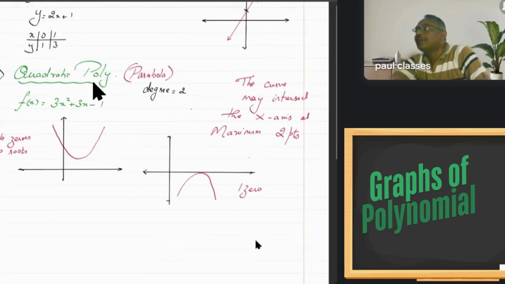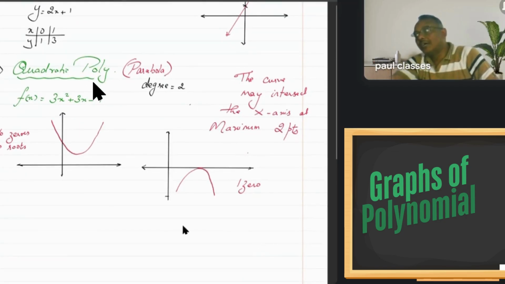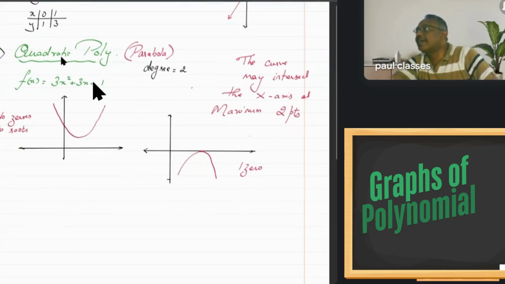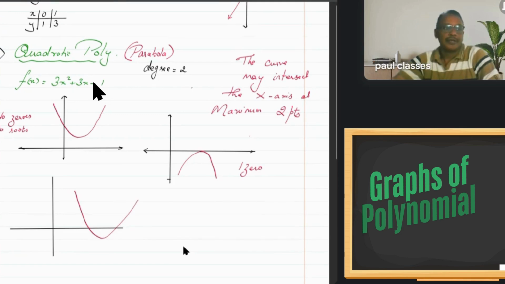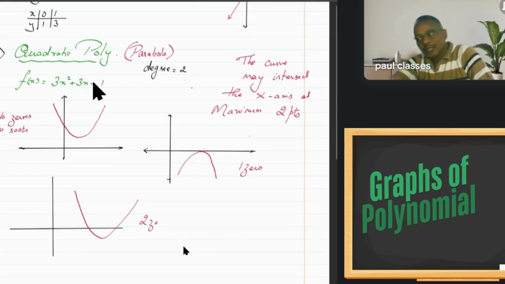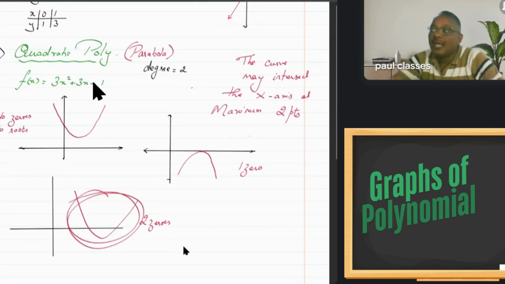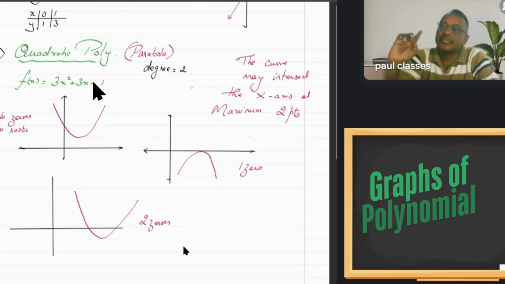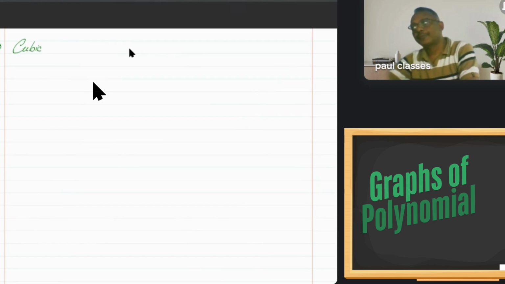It may happen that the curve intersects the x-axis at 2 points, like this. So how many zeros? Now, can this parabolic shape ever intersect the x-axis at more than 2 points? By any means, no.